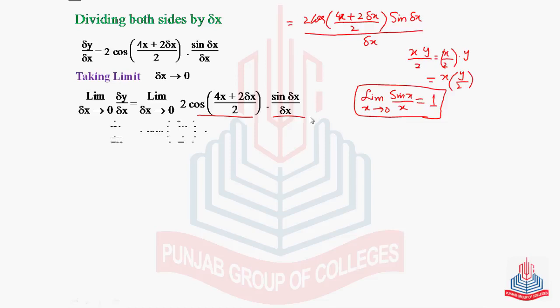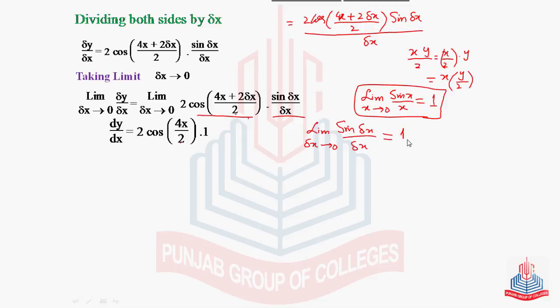So that will become dy by dx, which is the left hand side. The definition of dy by dx is equal to, when we apply delta x approaches 0 on this part, this delta x will become 0. We have 4x divided by 2, which is this one, into, when we apply limit here, limit delta x approaches 0 of sin delta x whole divided by delta x, and this thing will become 1.